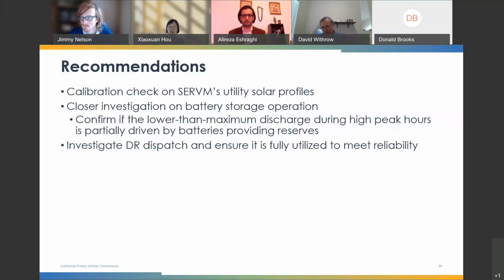And I'm guessing that the SERVM runs may not have that in there, and therefore their combined cycles are doing way more startups than they should be economically. And that would also contribute to prices. So if you could comment on those two issues about reg down and increased VOM from the startups, I'd appreciate it. Thanks.